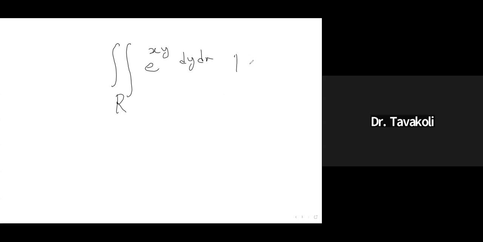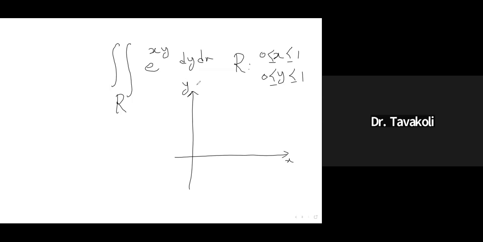It's a square shape. X is from 0 to 1. Y is from 0 to 1. And I want to make 25 partitions, meaning that on the xy plane, (1, 1).